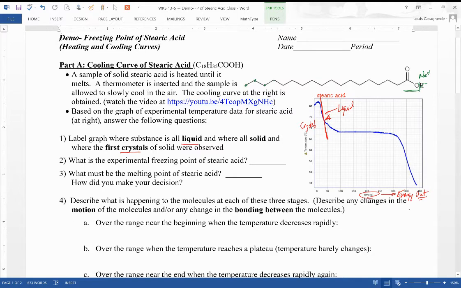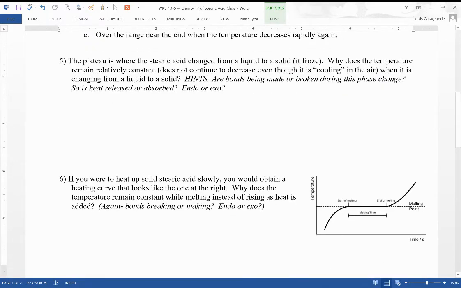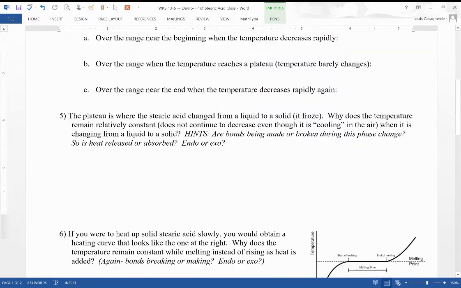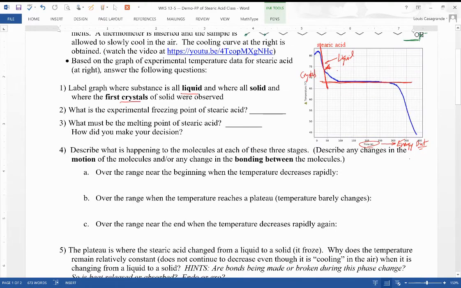When we got past that first curve, we saw that there is this plateau region. This plateau where the temperature was essentially staying constant. Where the temperature is staying constant, no delta T, this is where we have phase changes.